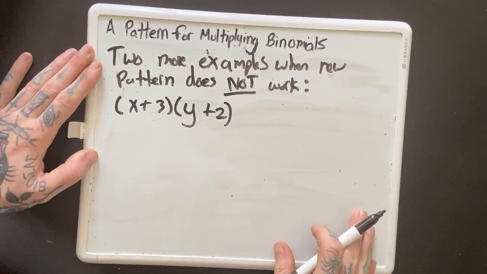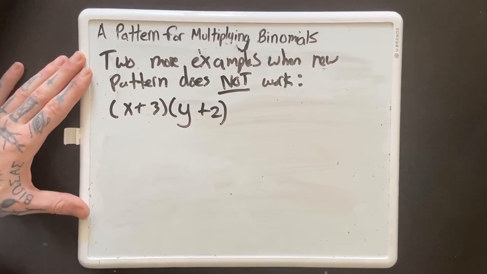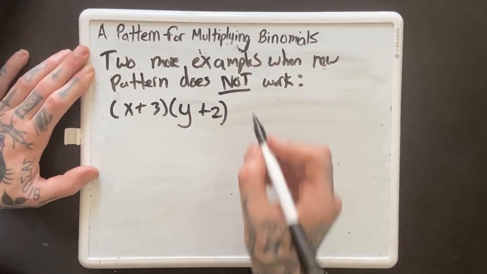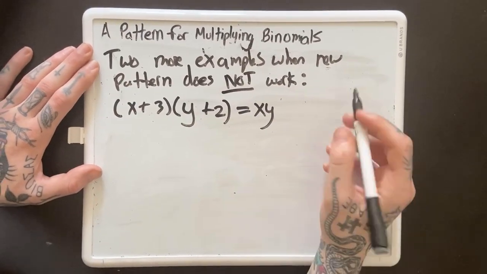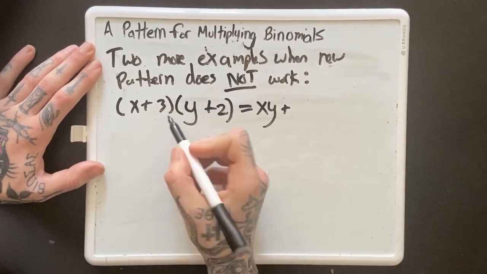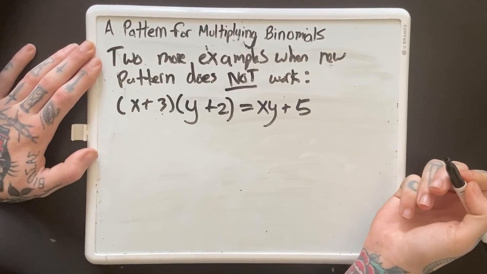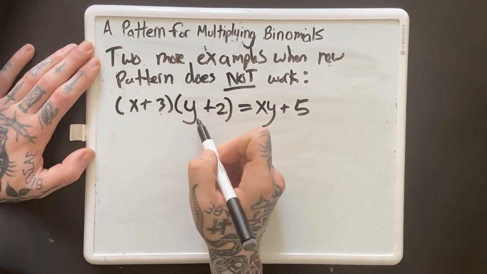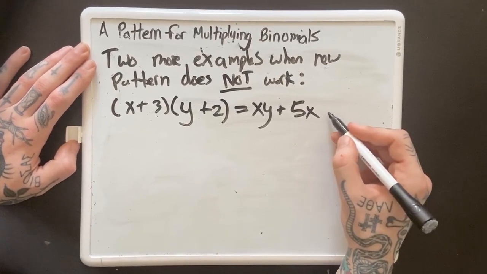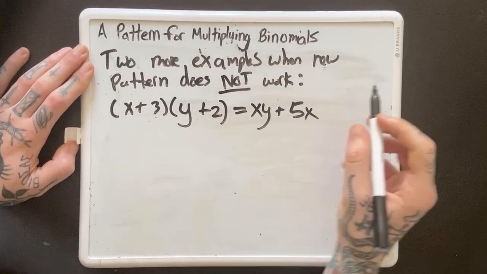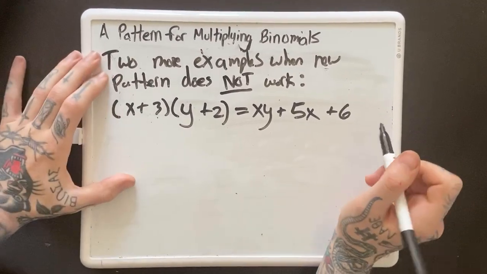So what's weird about this one is we have 2 different variables. But let's see what we get anyway. Let's just say it's xy, because that's what it would be for FOIL. So we get 3 plus 2, so 5. 5 what? Let's just say x. And then 3 times 2, which we know is 6.